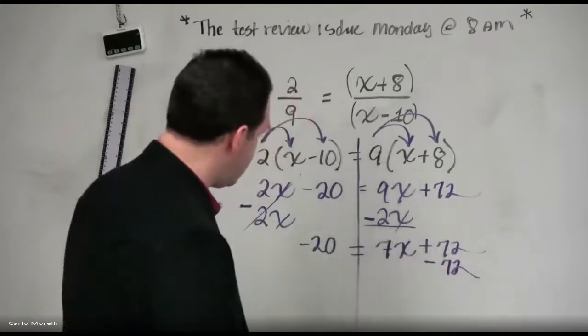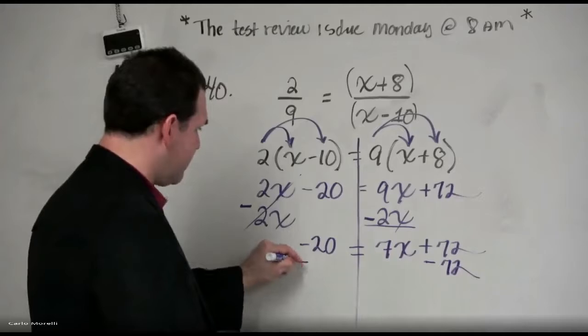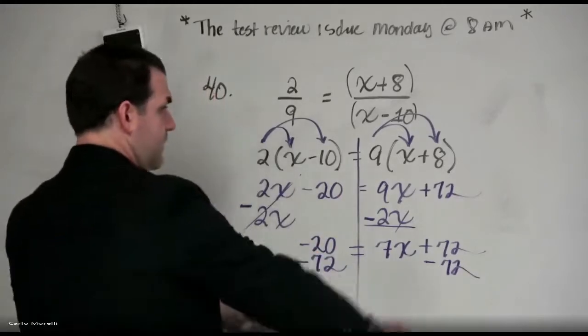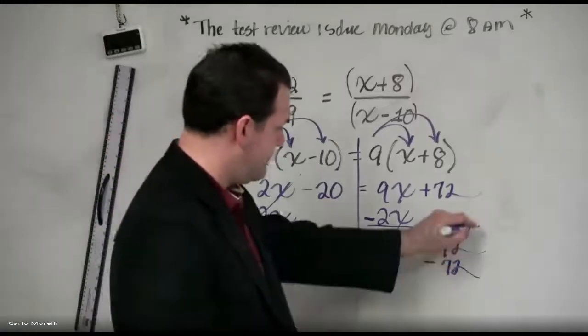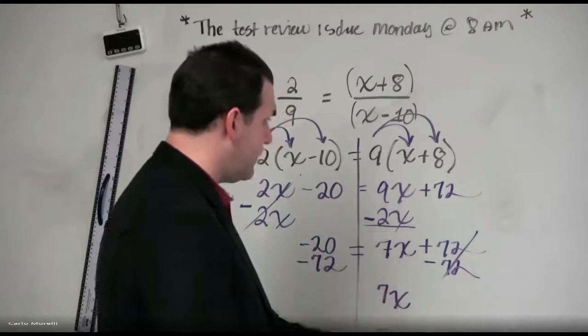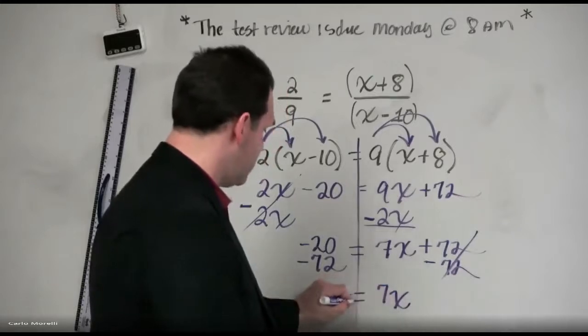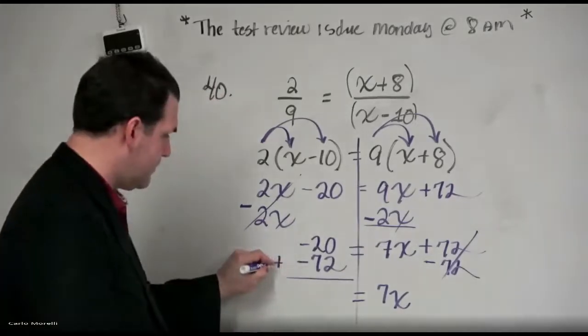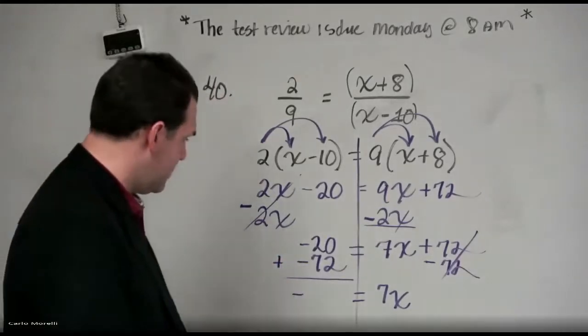So just put minus 72. And because algebra means to keep in balance, we're going to do the same thing on both sides. So 7x, you're going to read it backwards, equals, and now we're adding 2 negative numbers. The result will be a bigger negative number, negative 92.